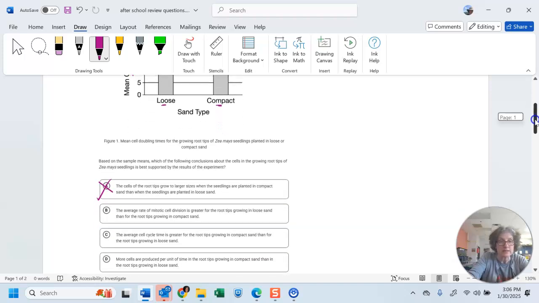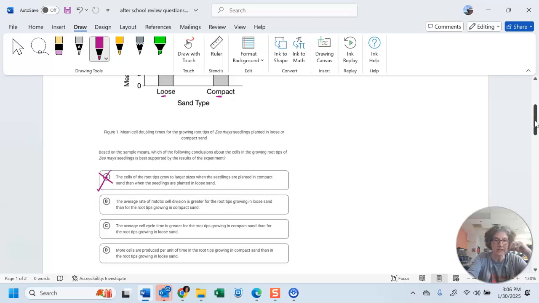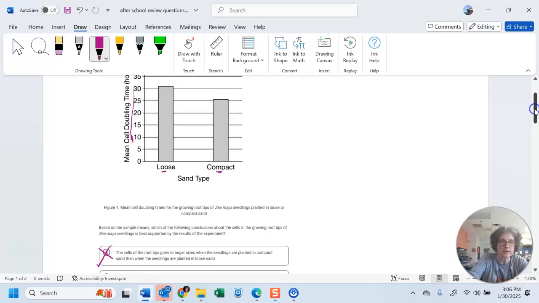Choice B says, the average rate of mitotic cell division is greater for the root tips growing in loose sand than for the root tips growing in compact sand. Okay, let's decode that. The rate of mitotic cell division is greater, faster, in loose sand? I don't think so. It's taking more time, right? So that's not going faster if it's taking more time to double.